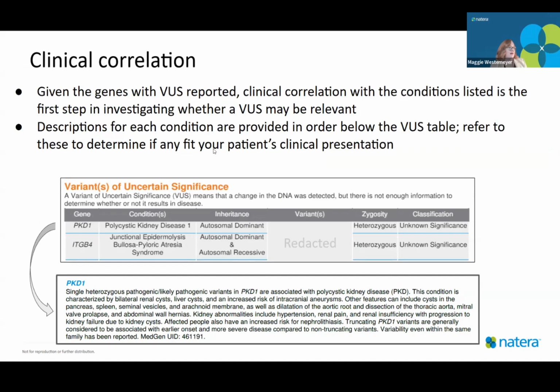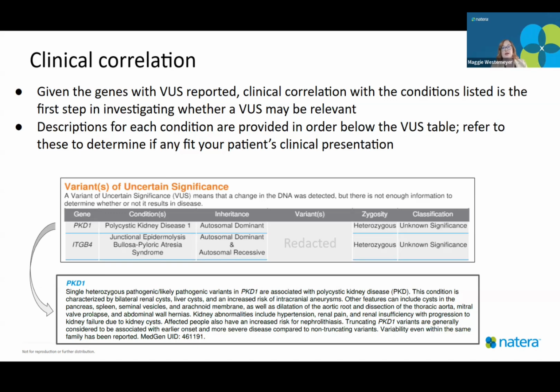So I have added a couple of slides here before Ronen takes us through some cases, just to give you some ideas as to how to correlate a little bit using the test report. The gene description that I mentioned before can really help you examine whether your patient's findings match this.